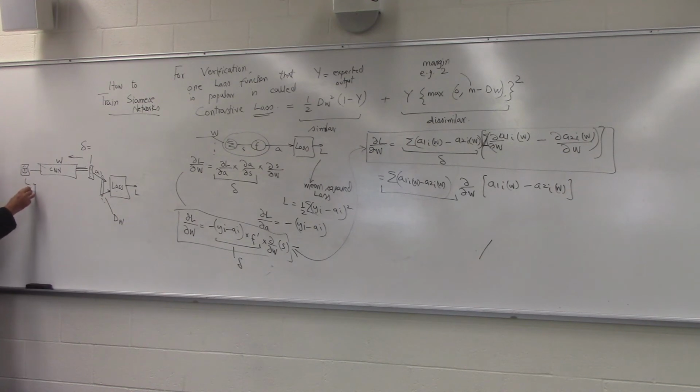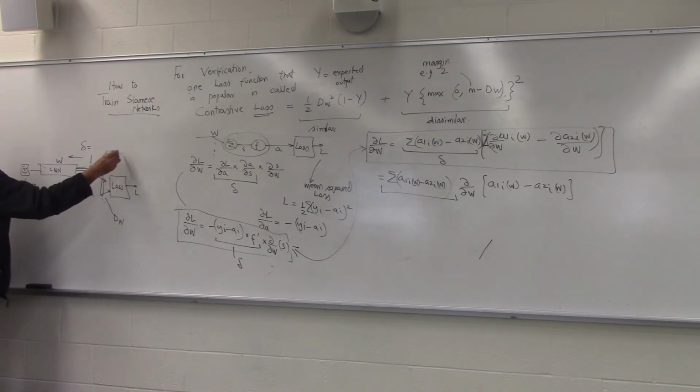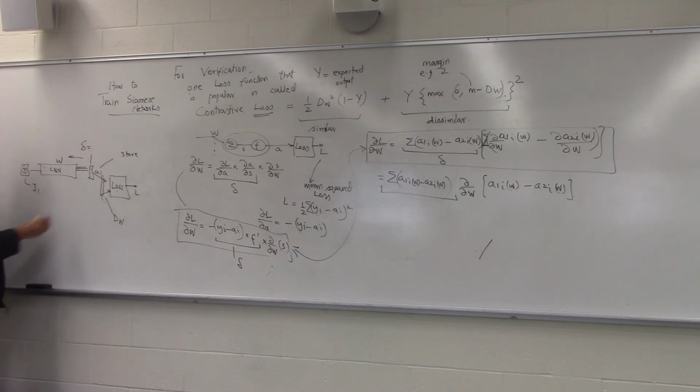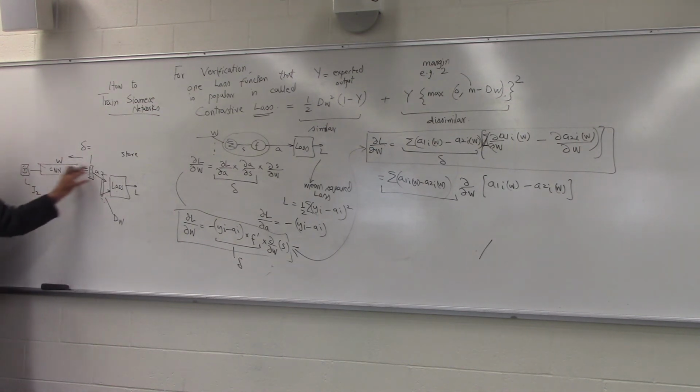We feed in image 1, whatever A1 is, we store it. Now we feed in image 2, and suppose we call this A2. Once we feed in image 1, we don't do any backpropagation. Once we feed in image 2, whatever output it produced, now we will do the backpropagation.